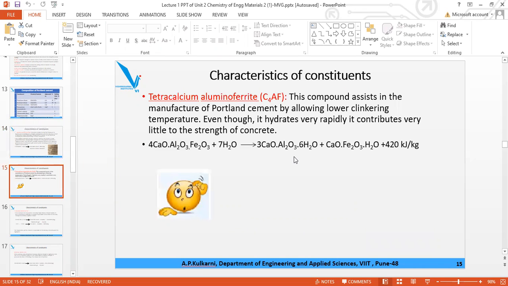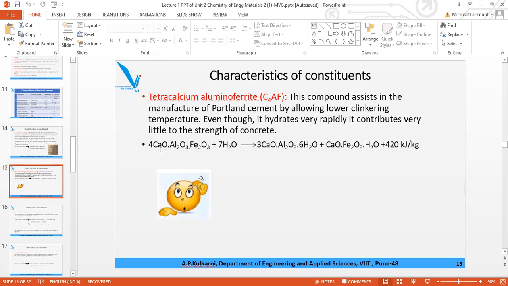Now this is the next one, tetracalcium aluminoferrite, C4AF. So the long form formula is given. Remember, earlier it was 6H2O, now here it is 7. Earlier it was 3, now it is 4. Earlier it was CaO and SiO2; here SiO2 is not there, Al2O3 and Fe2O3 are there. So 4CaO·Al2O3·Fe2O3 plus 7H2O.